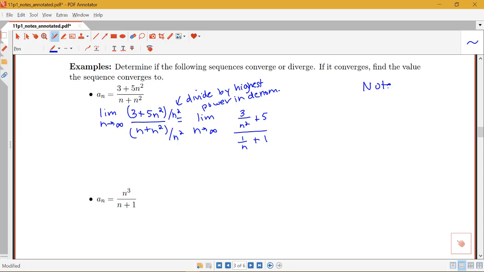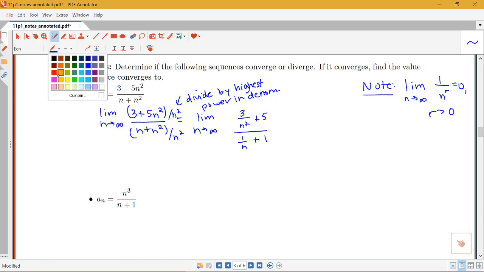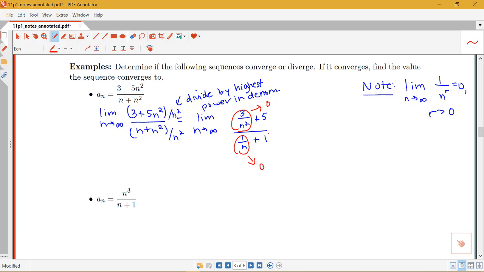Okay, and then note that just like we had the limit as x goes to infinity of 1 over x to a power was 0, we have the limit as n goes to infinity of 1 over n to some power r is going to be 0 as long as that power is positive. So 1 over this really big positive number raised to a positive power is going to be getting smaller and smaller. So we can see that this 3 over n squared is going to go to 0, this 1 over n is going to go to 0, so this limit will be equal to 5 over 1, or 5.